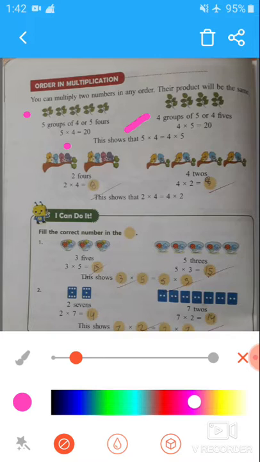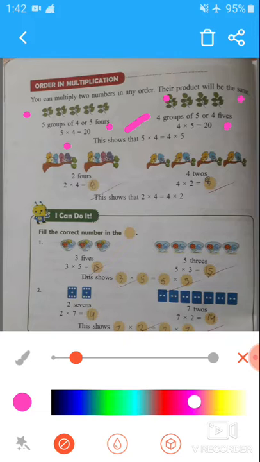Or you can say that there are 4 groups of leaves and 5 leaves in one group. So here you can write: 5 multiplied by 4 equals 20, and 4 multiplied by 5 equals 20.